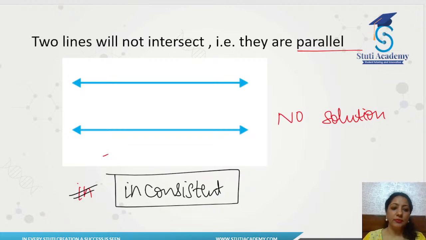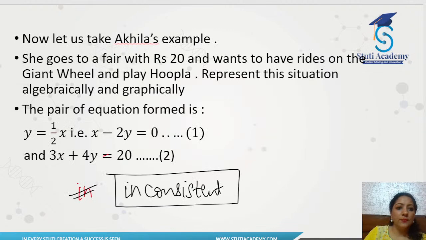Inconsistent. Now coming back to the Akhila's example which we were dealing with. Please give me 1 minute.